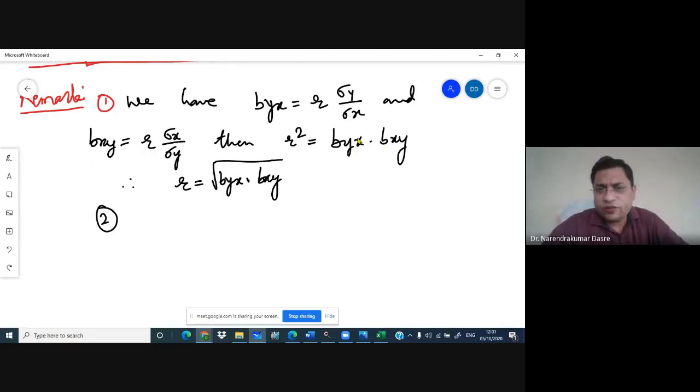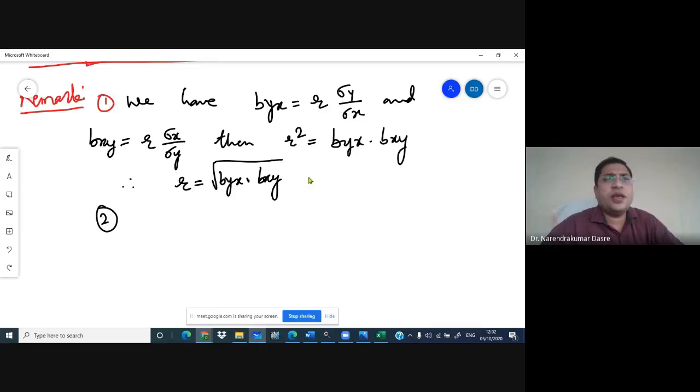So this is positive if Byx is positive and Bxy is positive, and also a possibility that Byx is negative and Bxy is also negative. So these two coefficients Byx and Bxy will be either both positive or both negative. You cannot have one positive and one negative, because then R square does not exist.